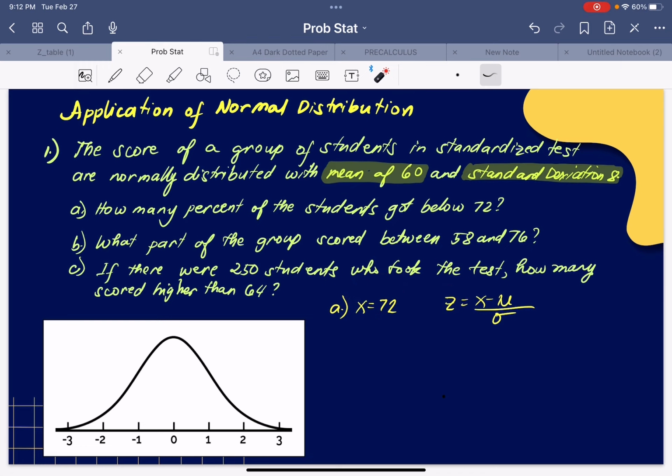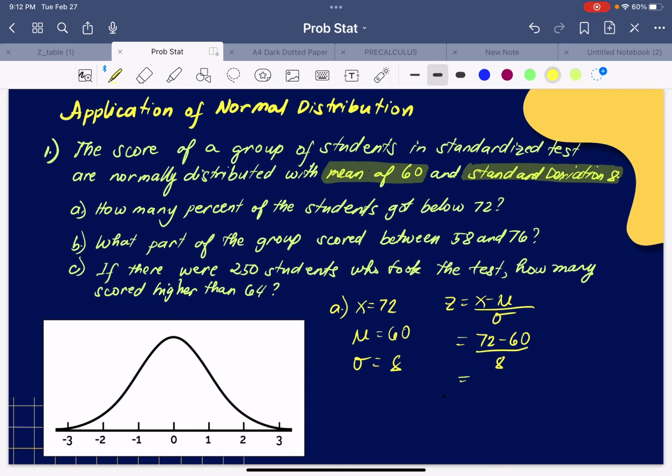So what are the values we need to convert 72 into z? So the x value, the given 72, the score, the mean, which is 60, and the standard deviation is 8. So let's substitute this in the formula.